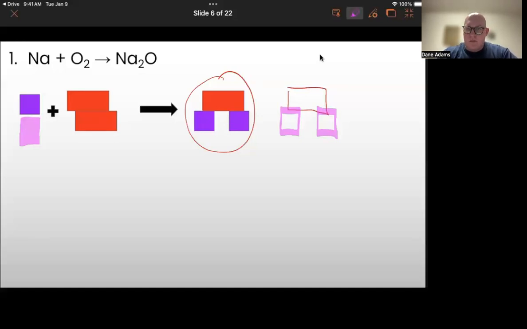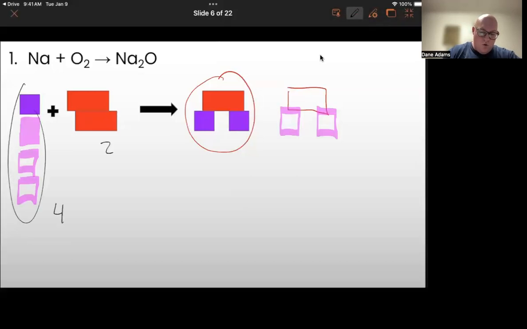But I have messed up my sodiums again. Now I have two on the left and four on the right. So what do I do? Well, why don't I just add two more of these? Again, all I'm doing is duplicating what's already there. And so now when I do my final count, I find there are four sodiums and two oxygens on the left, and four sodiums and two oxygens on the right.